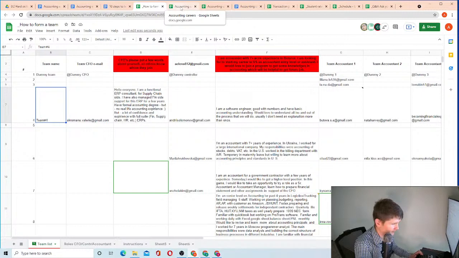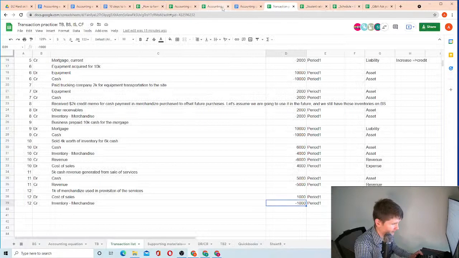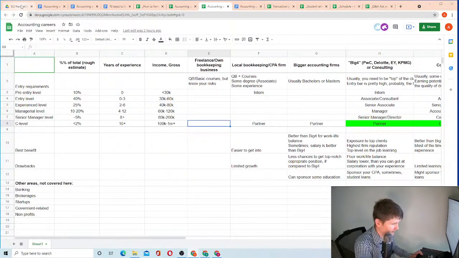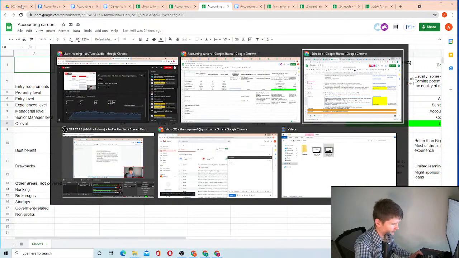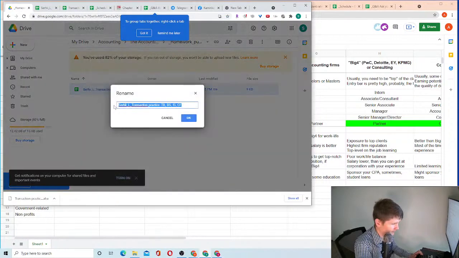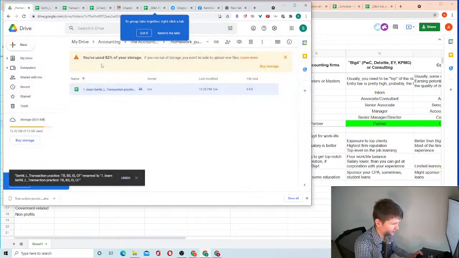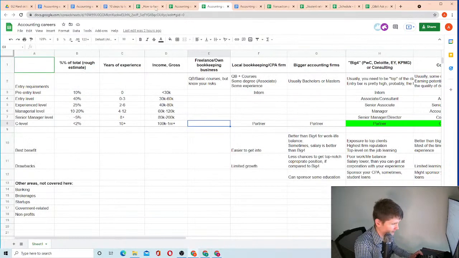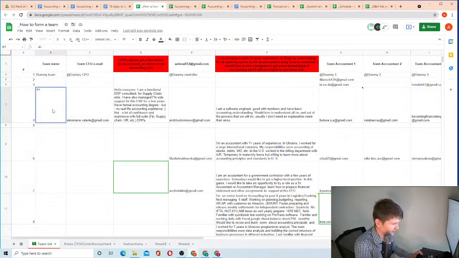What I think we can do, if we go to our folder, here we can start with a number, so the sorting will be easier. 1 team, and to simplify everything, let's say 4 team. Okay, we have 4 team, we have 5 team.